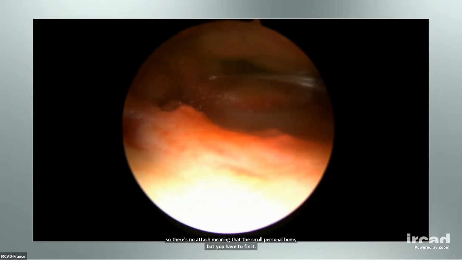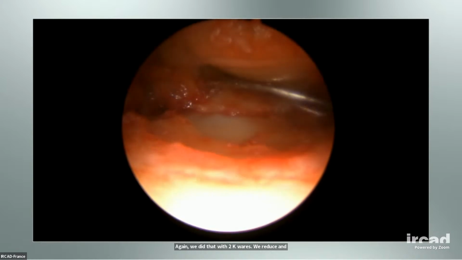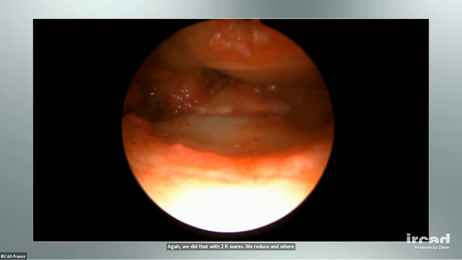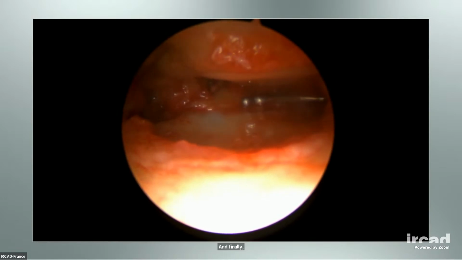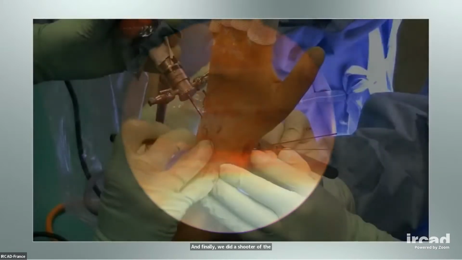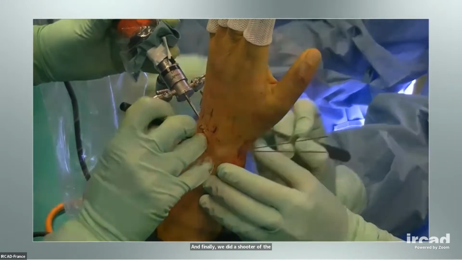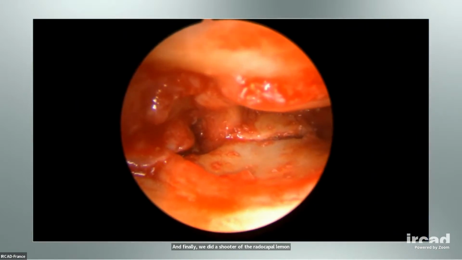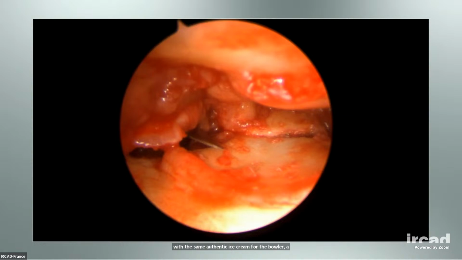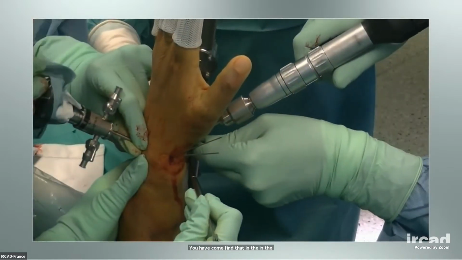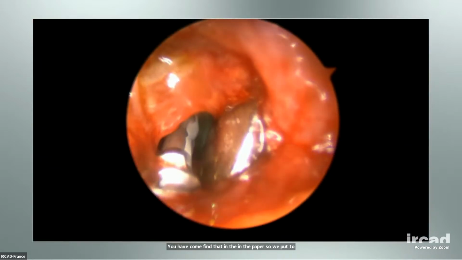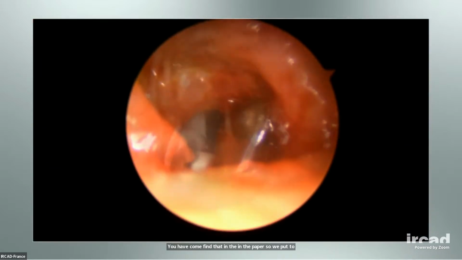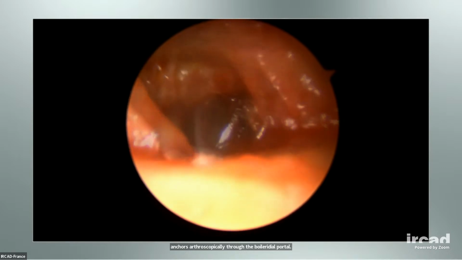We reduce, and we always do the same: put the K-wires in the fragment and then pass them when the reduction is achieved. And finally, we did a suture of the radiocarpal ligament with the same technique I explained for the volar scapholunate. You can find that in the paper. So we put 2 anchors arthroscopically through the volar radial portal, one close to the long radiolunate and one to the radioscaphocapitate.